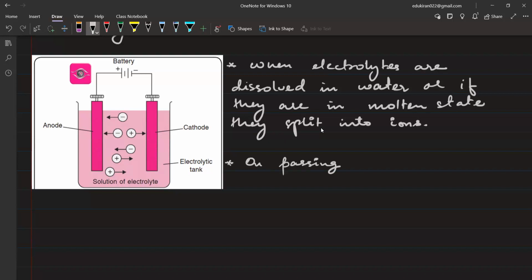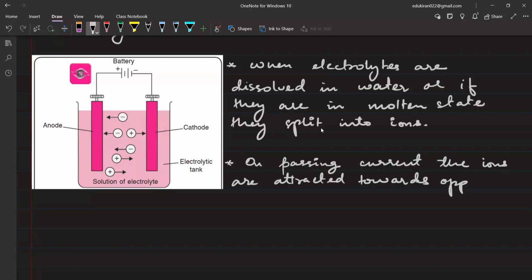On passing current, the ions are attracted towards the oppositely charged electrode.